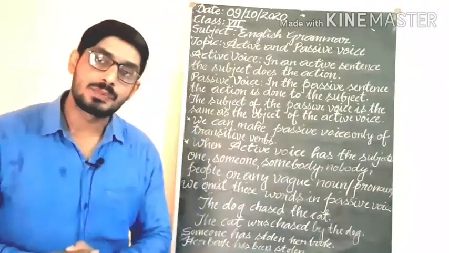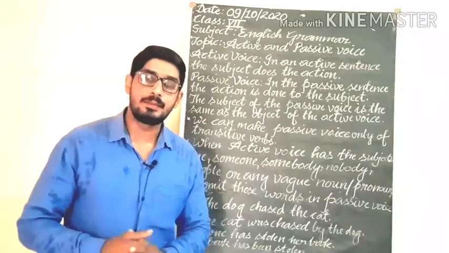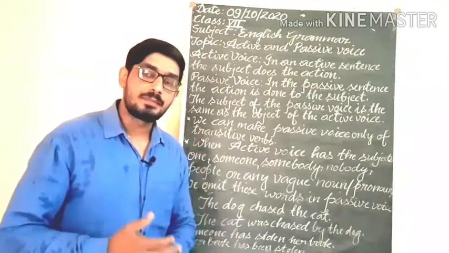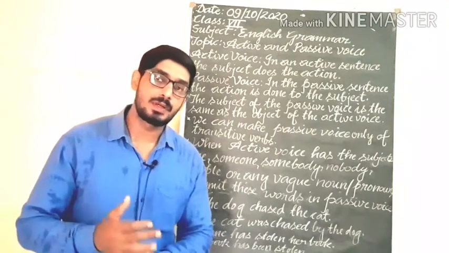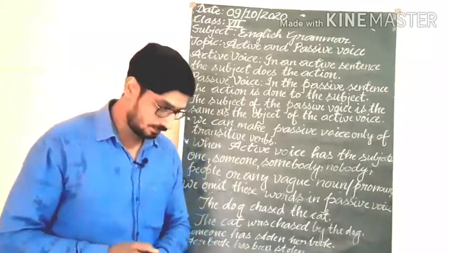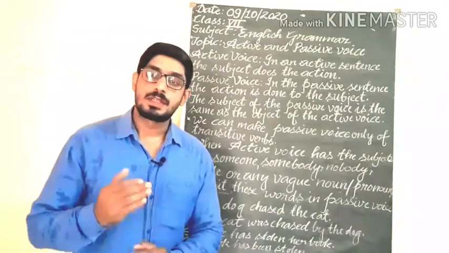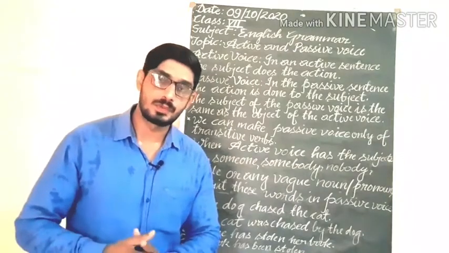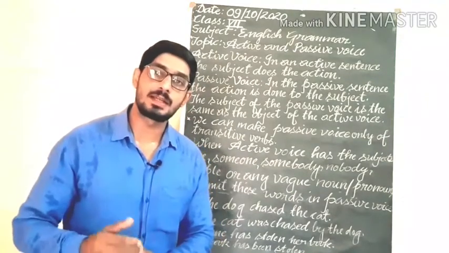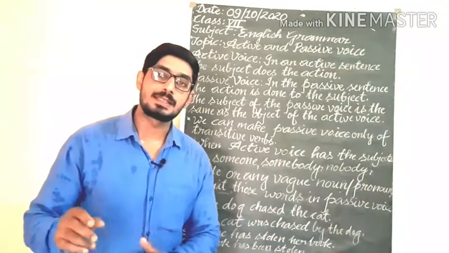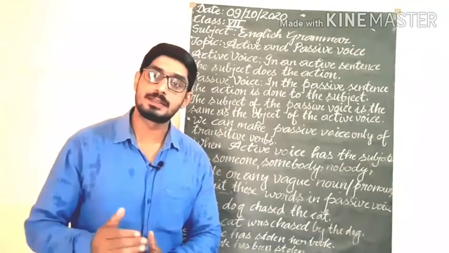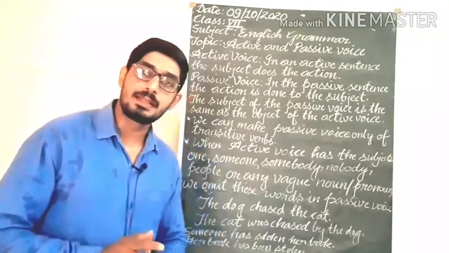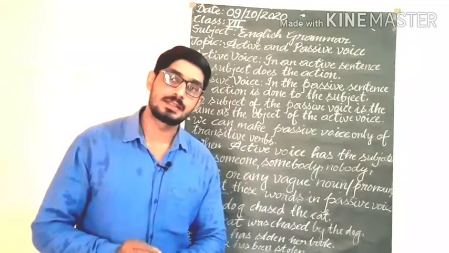And dear students, you have to know that we can only make passive voice of a transitive verb. What do you understand by the term transitive verb? A transitive verb means a verb which has an object. Suppose he plays cricket. Plays what? Cricket. He teaches us English. Teaches what? English. Teaches whom? Us. So us and English are objects here.